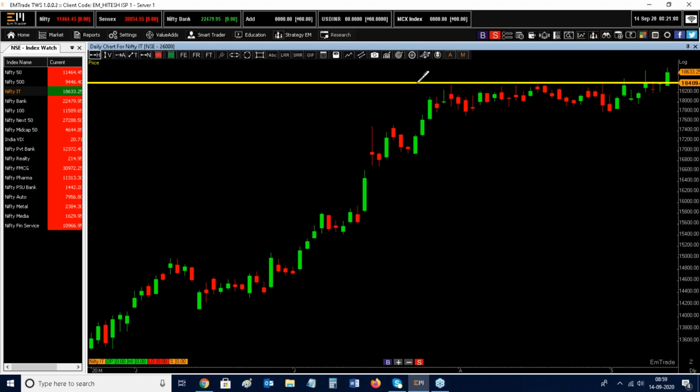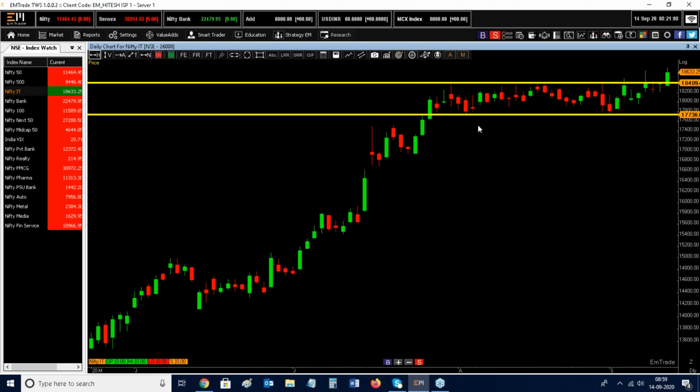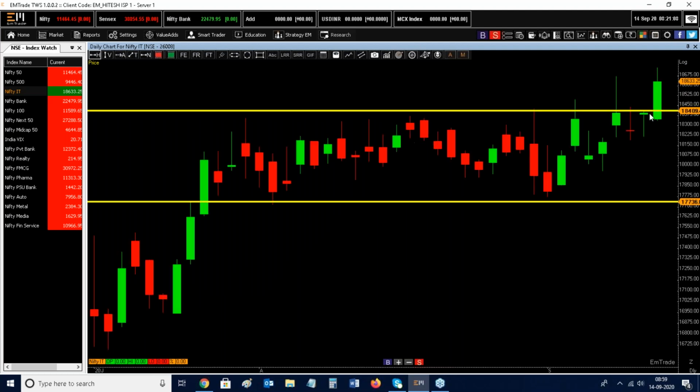So we were doing that the other day, and we said this consolidation, we don't know whether it's an accumulation or a distribution. But with the accumulation, it broke on the upside. So it turned out to be an accumulation. And your IT stocks are buy on dips or declines. So IT index is showing strength. Bank, we did it in detail.